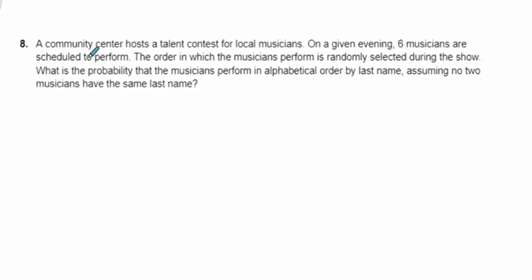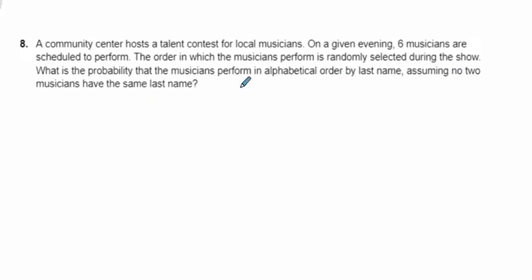All right, last one. The community center hosts a talent contest for local musicians. On a given evening, 6 musicians are scheduled. The order in which the musicians perform is randomly selected during the show. What is the probability that the musicians perform in alphabetical order by last name, assuming no 2 musicians have the same last name?